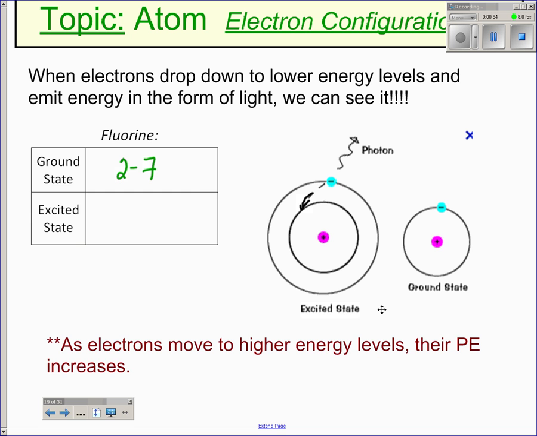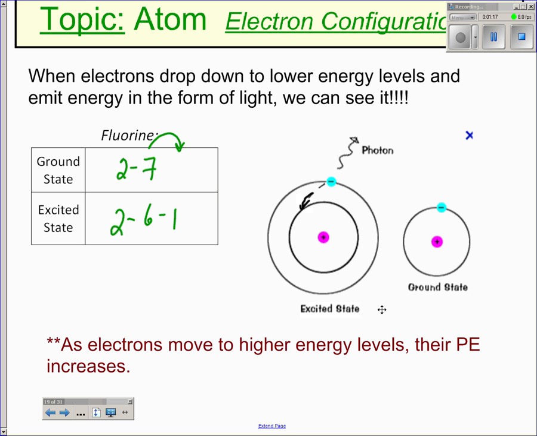So in the excited state, we jump an electron to a higher level. You can check yourself because you have 9 electrons: 2 plus 7 is 9 in the original atom of fluorine, and in the excited state, there are still 9 electrons. Okay?